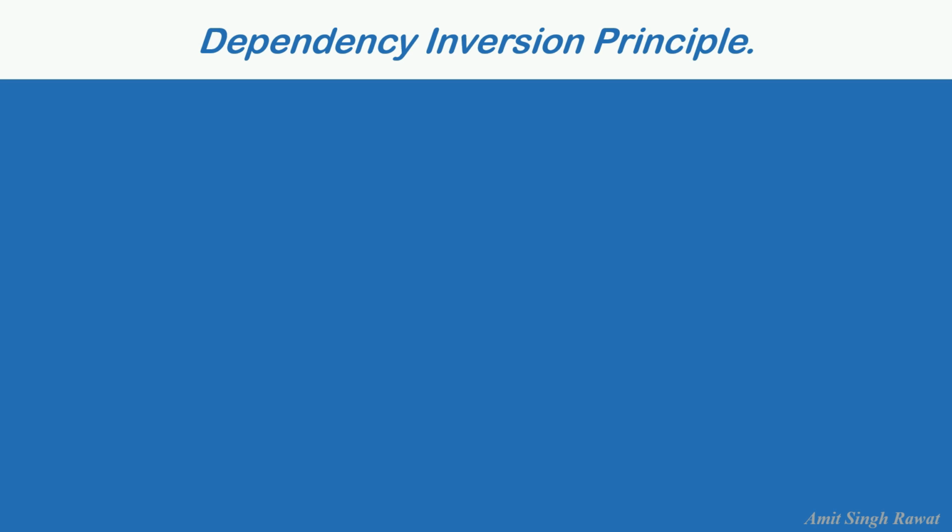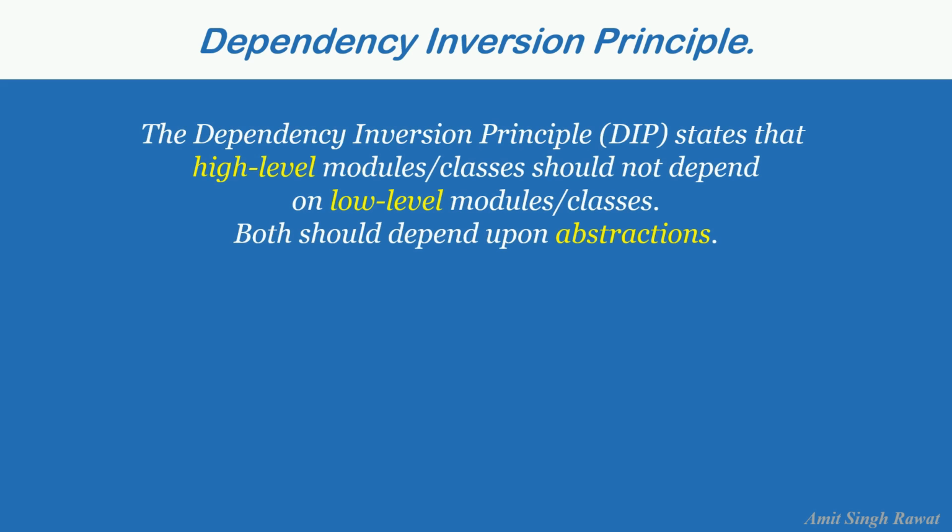So let me read out the definition. I already covered the Dependency Inversion Principle in great detail, so you can watch that if you are not much aware of it. I will share the link in the description. The Dependency Inversion Principle states that high-level modules or classes should not depend on low-level modules or classes.